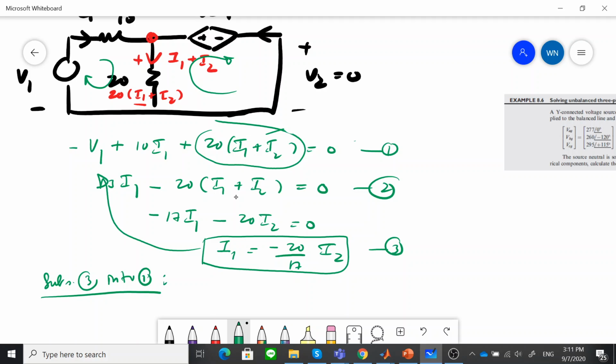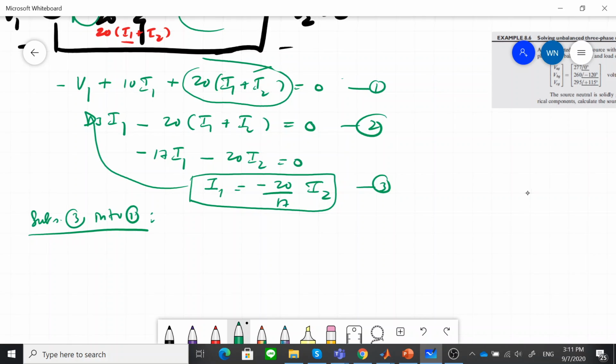Substitute equation 3 into 1, so you get minus V1 plus 10, right? I'm sorry, this is not 10, because we have 10 here and 20 here, so this will become 30.